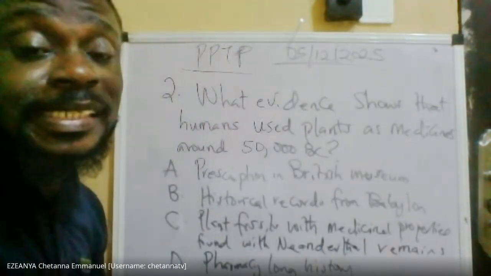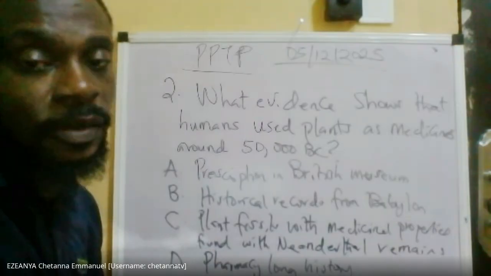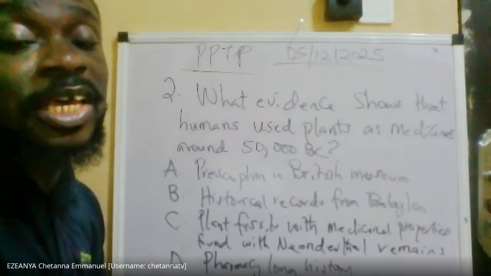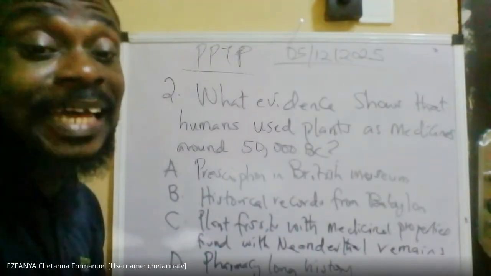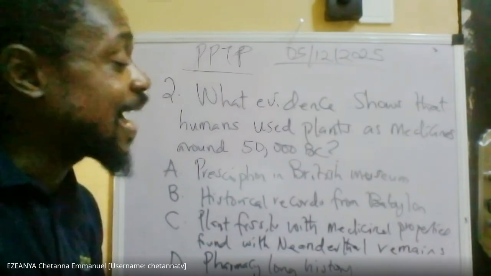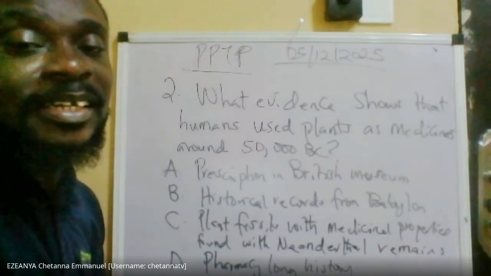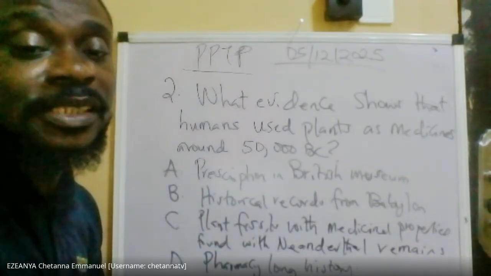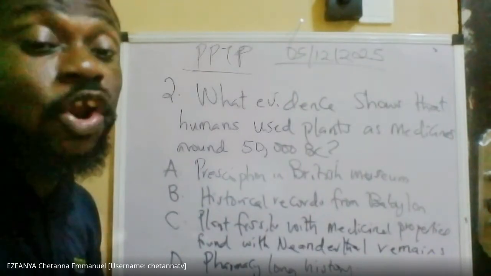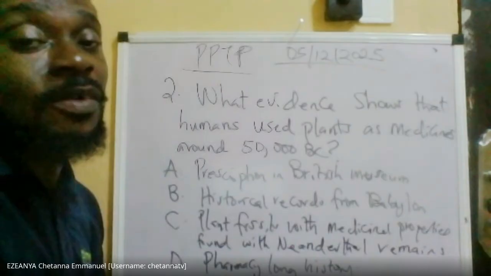From archaeological findings, it was made clear that early human and Neanderthal sites show signs of medicinal plants used long ago, even before they were recorded.